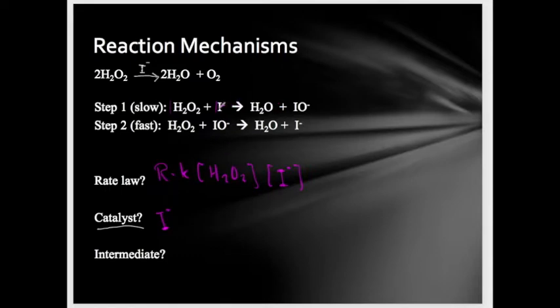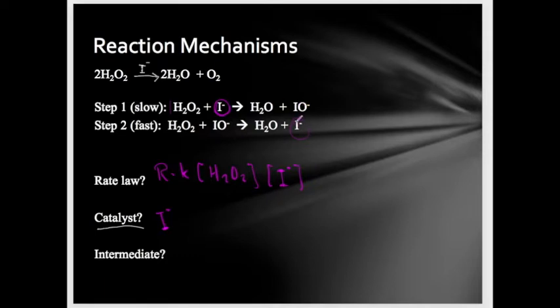A catalyst will get consumed, but then it will get produced again. So, in other words, it gets recycled. It does not end up changing its form. It does not undergo chemical change overall. It's true that it undergoes chemical change in the steps, right? Here it is actually changing to IO minus, but then it gets changed right back to I minus.